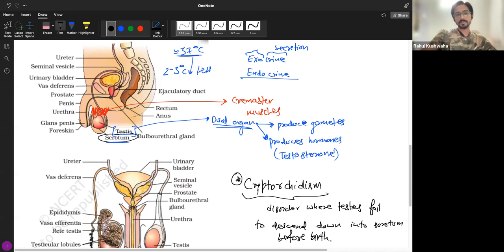Now, talking about the structure, let's look at this diagram. I'll walk you through the diagram. So we start with the penile tissue, which is called the penis. It is the organ which has two kinds of major tissues. Penis is made up of erectile tissues. Now, what is an erectile tissue? Erectile tissue has the capability to grow in size or to erect when given a blood stimulus or blood circulation.